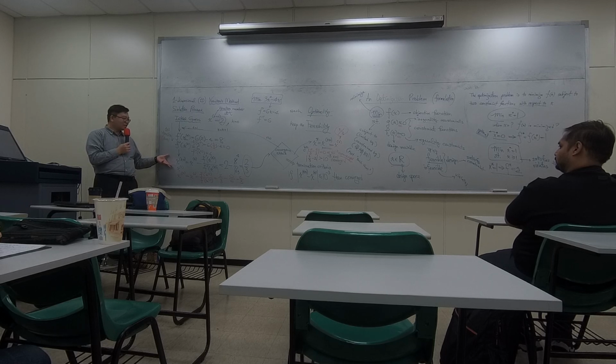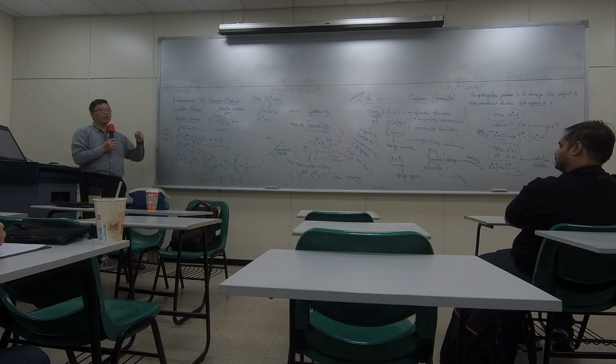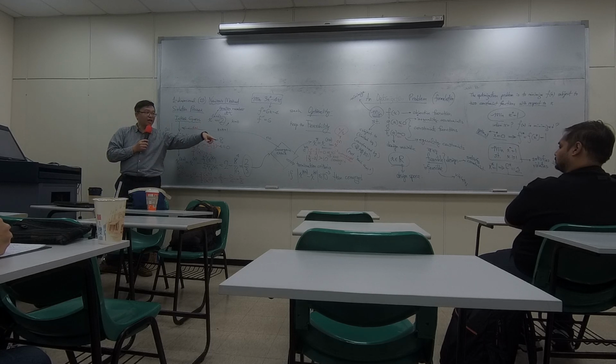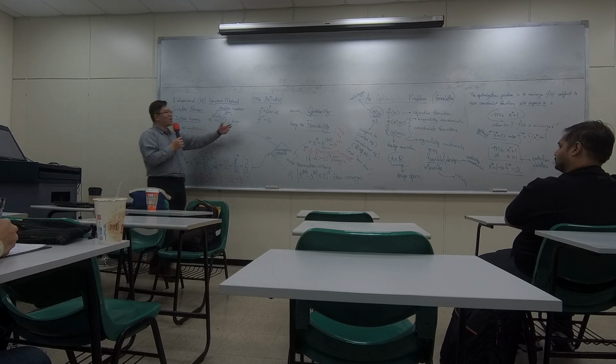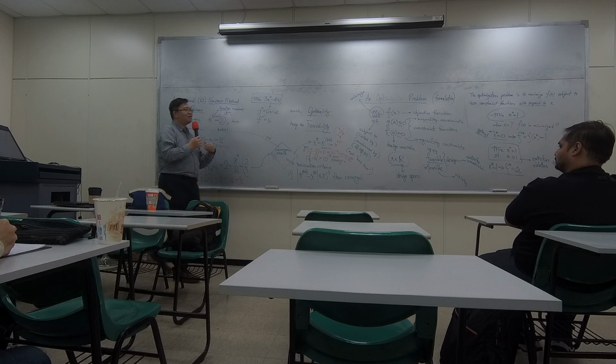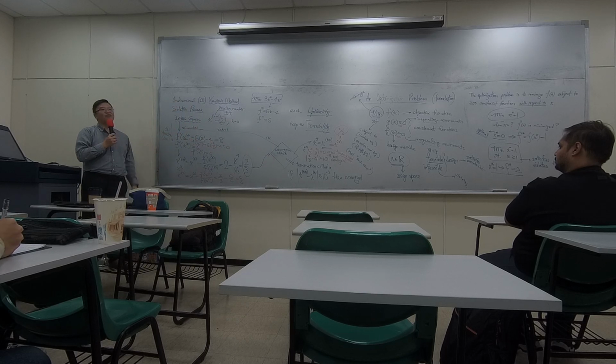And usually there's a proof. How come this equation brings your current solution to a next solution? And how come that next solution reaches optimality and feasibility more than the previous one? So usually there's a proof.